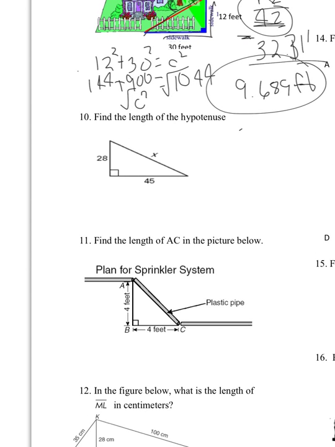Number 10, find the length of the hypotenuse. Again, straight Pythagorean theorem. So 28 squared plus 45 squared equals c squared. 28 squared is 784. 45 squared is 2,025.